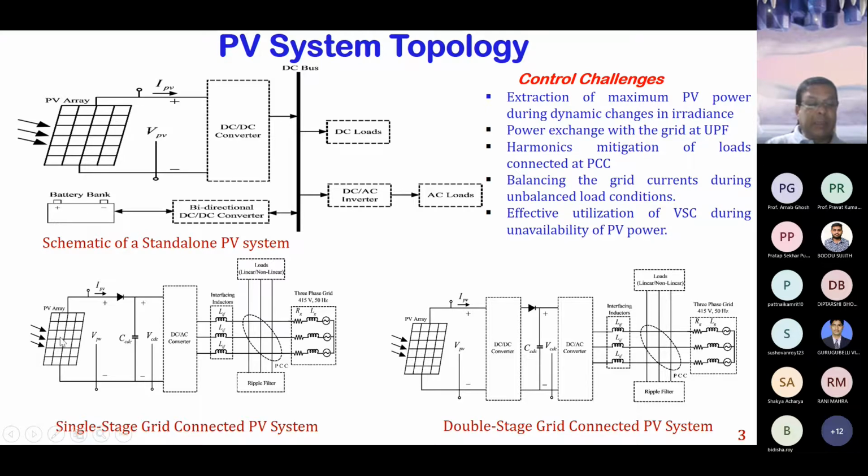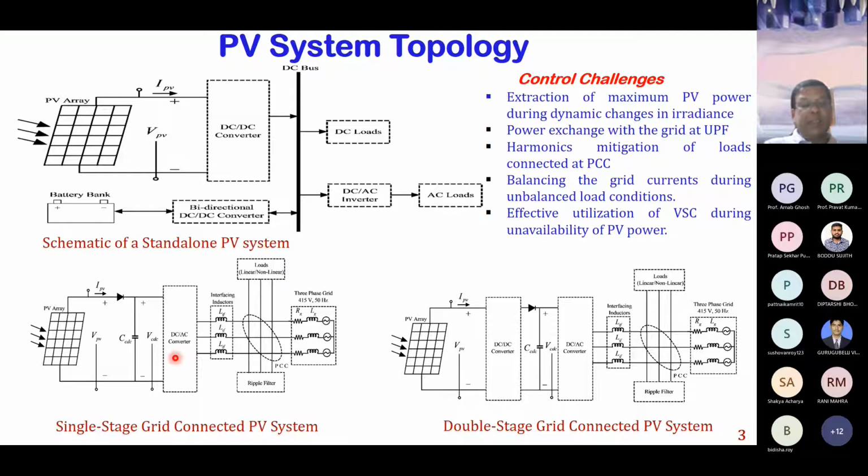And while this photovoltaic system is very popular, the different topologies of this photovoltaic system are, basically, the standalone system, which is not connected to the grid. The second and third ones, this figure and this figure, represent the PV system connected in the grid connected mode. The basic difference in the bottom two topologies, that is for the grid connected ones, is that one is the single stage configuration, the second is a double stage configuration.